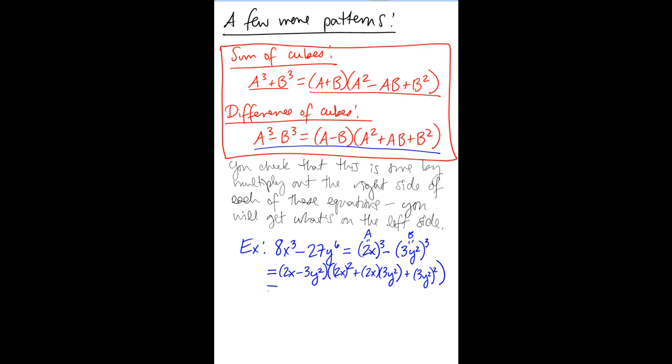Then I want to simplify everything that's over here. So 2x squared is going to be 4x squared, plus 2 times 3 is 6, and then I have xy squared, plus 3 squared is 9, and y squared squared is y to the 4th. So I factored it just by using this particular pattern.